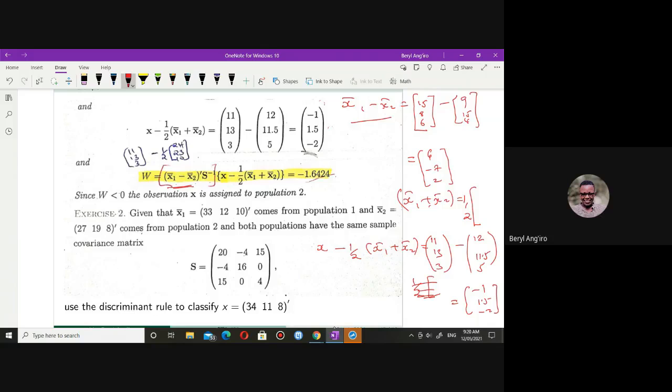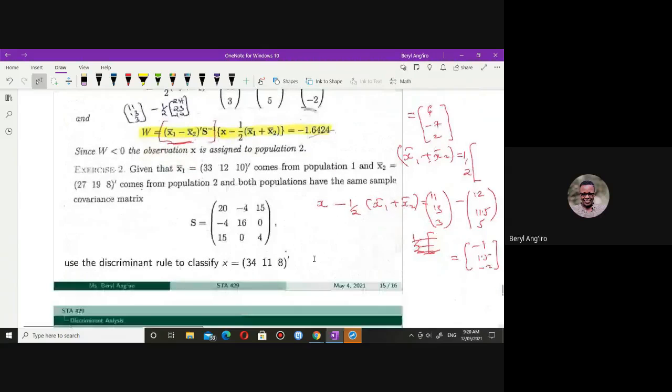From our formula, we have that W is (x bar 1 minus x bar 2) transpose S inverse (x minus a half (x bar 1 plus x bar 2)). So we already have this term and this term and S inverse.